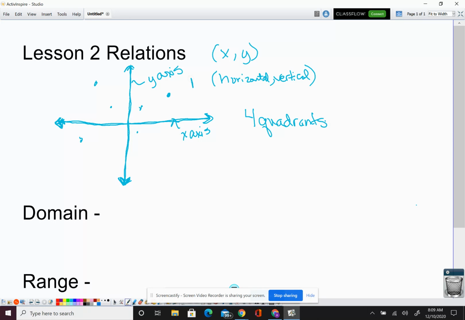The quadrant numbering system starts in this corner up here, where both of them are positives, and it goes counterclockwise. So this is quadrant 2, and we use Roman numerals to designate the different quadrants. So quadrant 1, counterclockwise, quadrant 2, we continue around, that's quadrant 3, and this is quadrant 4.